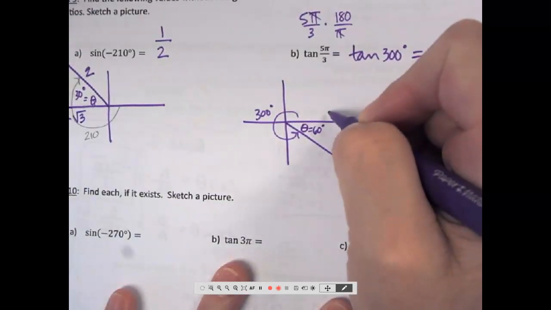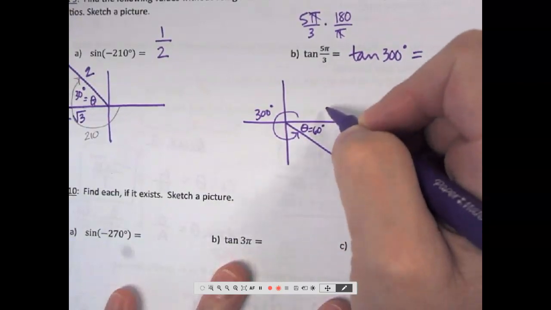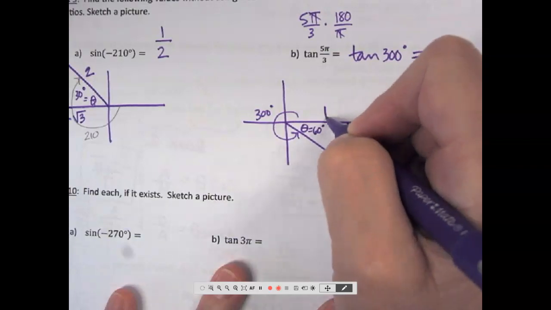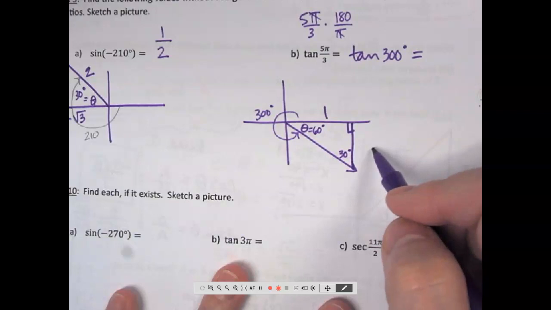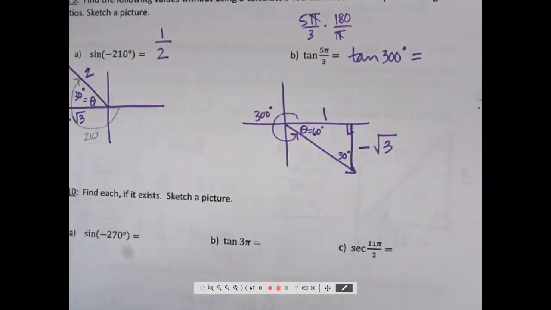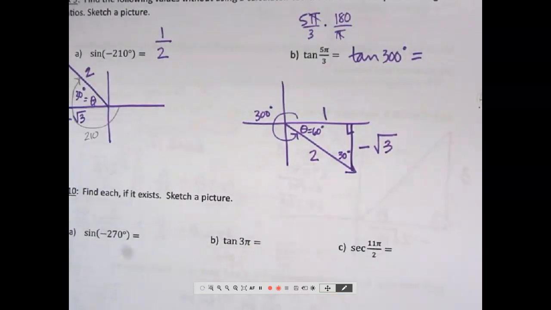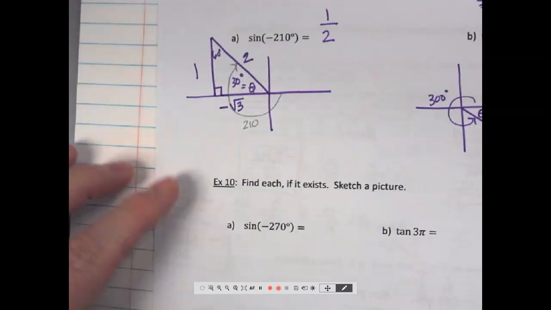Opposite 30 is what? 1. Opposite 60 is square root of 3, but I am going to use a negative. Good job, because I went down, and the hypotenuse is 2. So it's the same ratios I used over here.